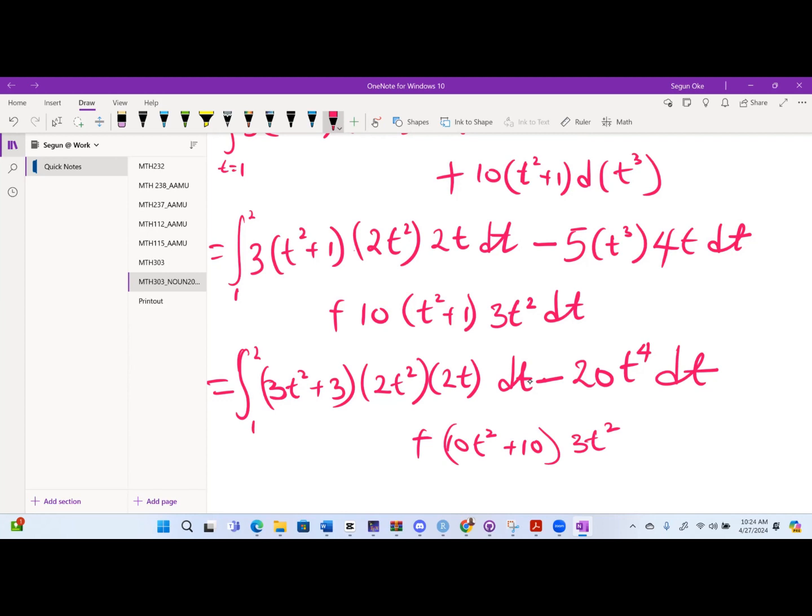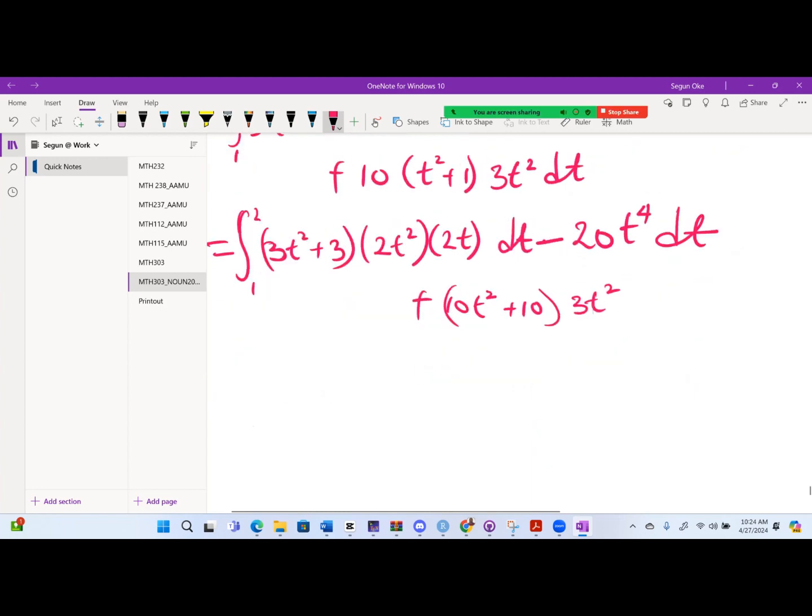Silence means yes, we are sure. Now, is dt not supposed to be part of it after that, with 3t squared? Yeah, it will be there. So now you can add. What do you do at this point?